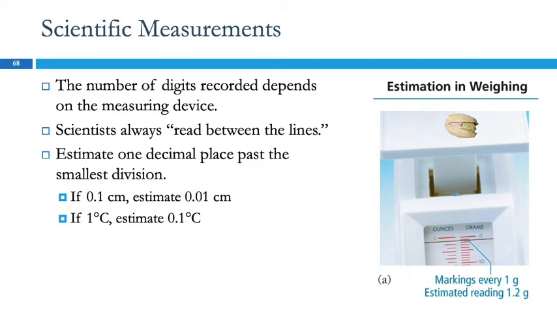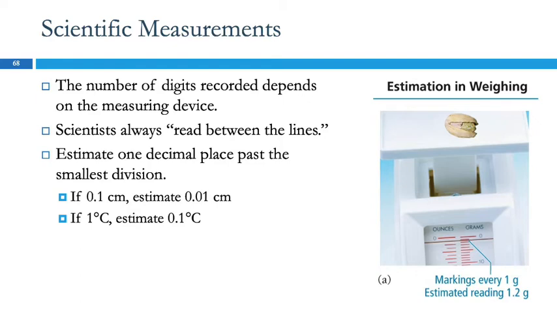Somebody else might have written 1.3 grams or 1.4 grams, and we're not going to argue about it. It's an estimate. Does anybody have any questions about that? So we call this reading between the lines. So those are the lines, the red lines. There's 1 gram and 2 gram, and we're literally reading between those lines.